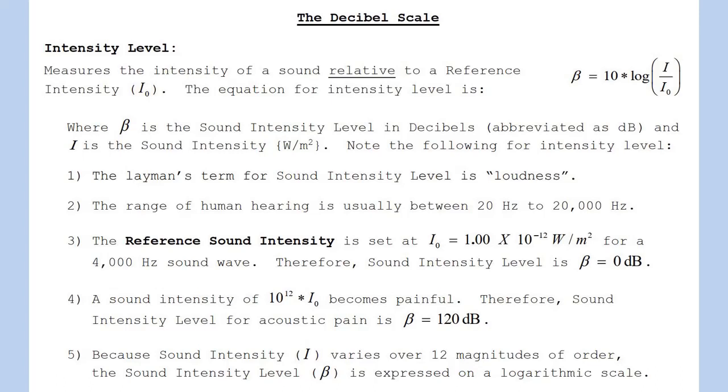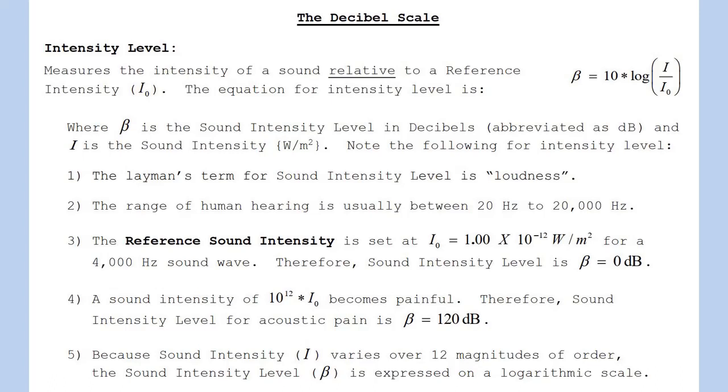Whenever we wish to determine the sound intensity level, we need to use a reference sound intensity, and that is the value I sub O equals 1 times 10 to the negative 12 watts per meter squared. So that is a standard intensity level, and this happens to correspond to 4,000 Hz. At this sound intensity, the sound intensity level, that is beta, would be 0 decibels.